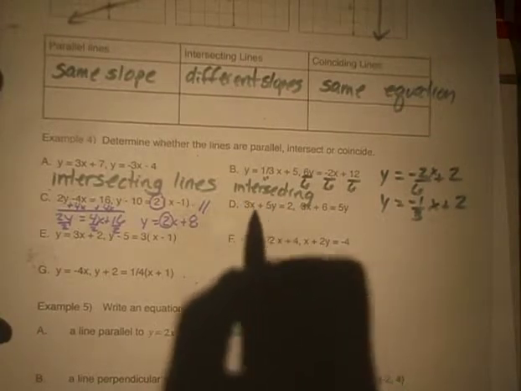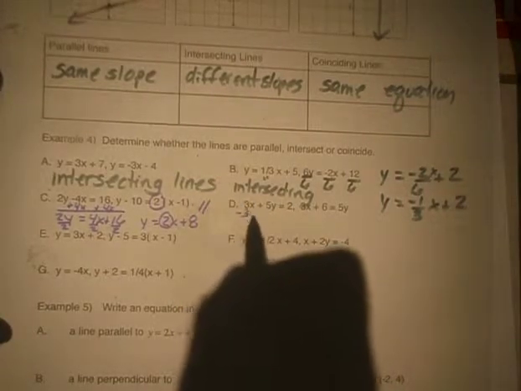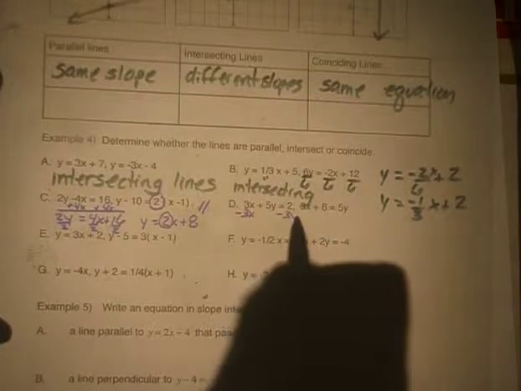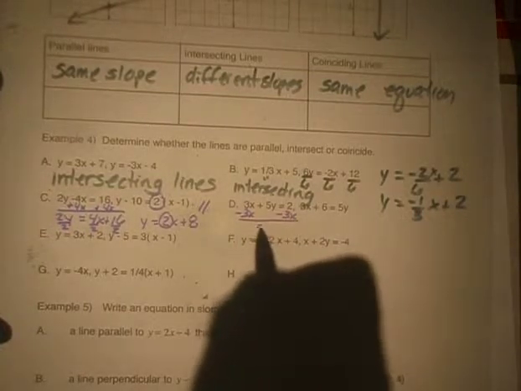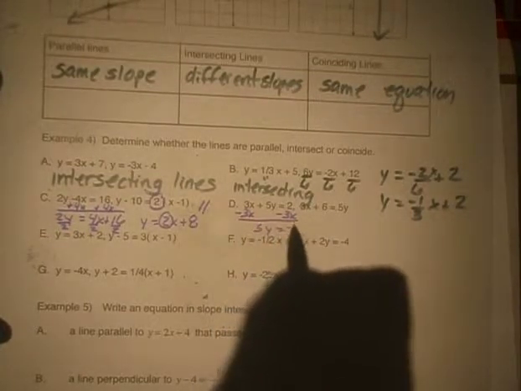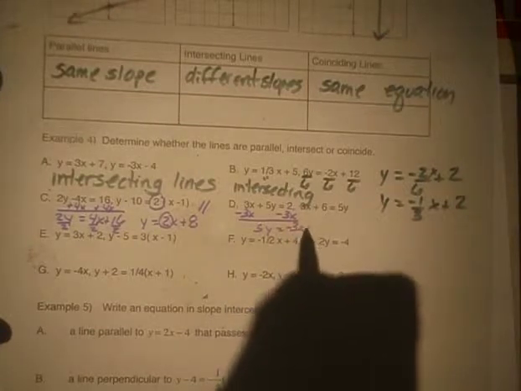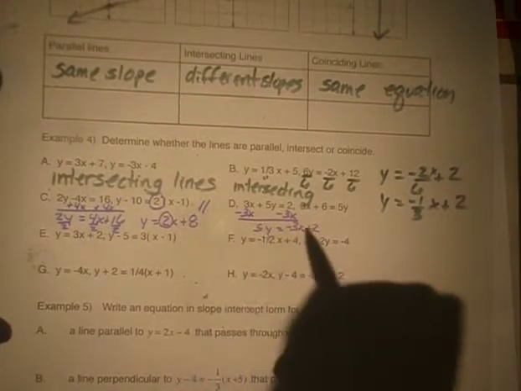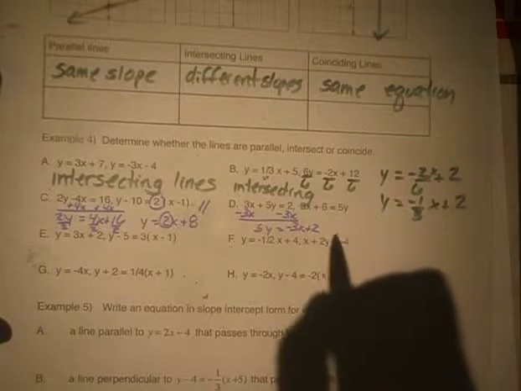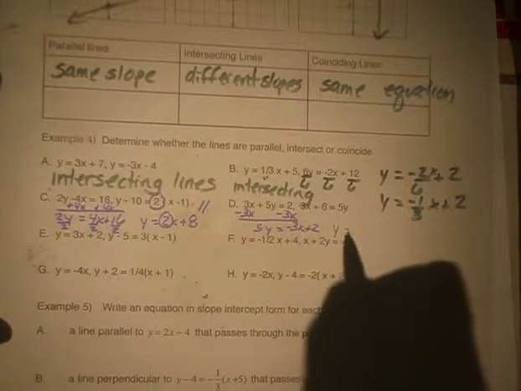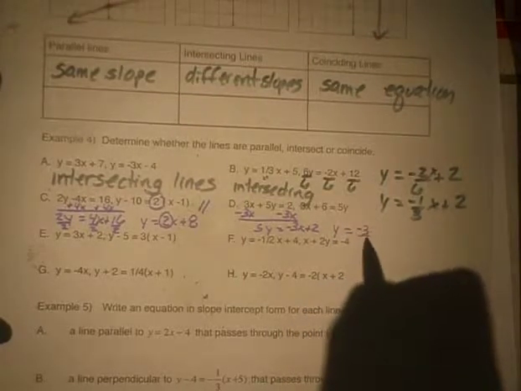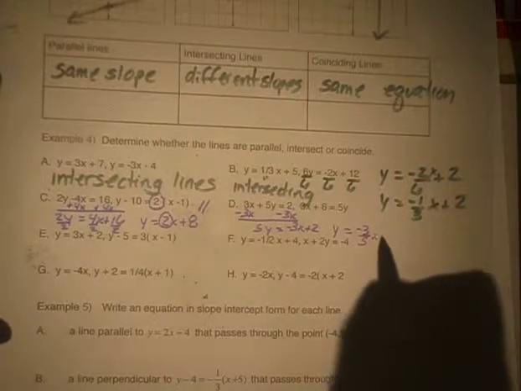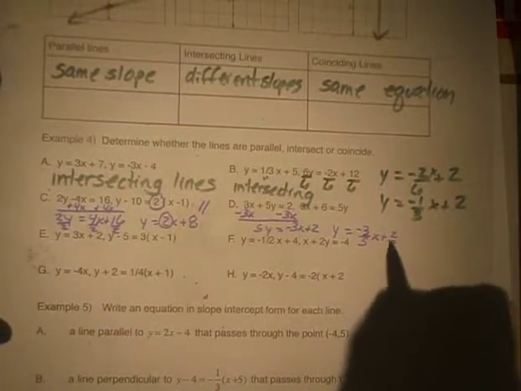Next one, we have to solve for y, subtracting 3x from both sides. You have 5y equals negative 3x plus 2. And when you divide everything by 5, you would have y equals negative 3/5 x plus 2/5.